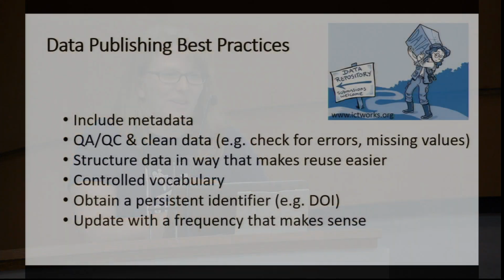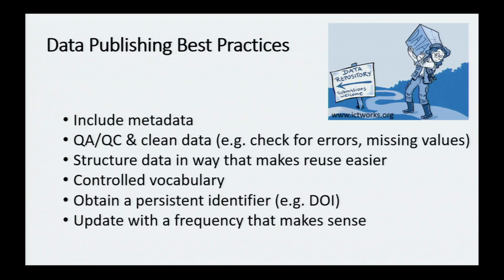Okay, so a couple things to keep in mind in terms of data publishing when you're doing it, best practices. So one is to obviously include that metadata. So for instance, in the EDI, Environmental Data Initiative, which we'll be talking about in a moment, that is a requirement to have metadata, and certain fields of the metadata are considered so essential that they are required.